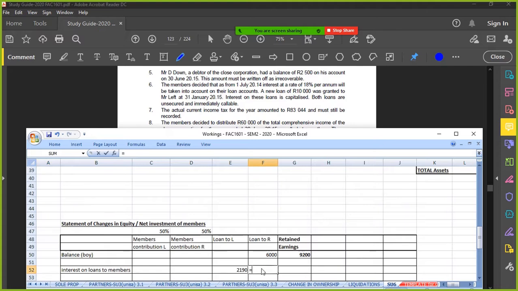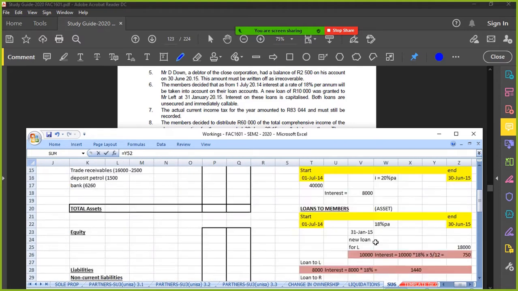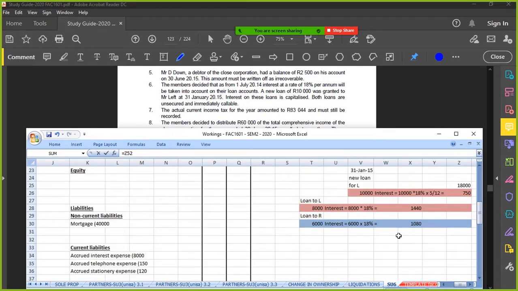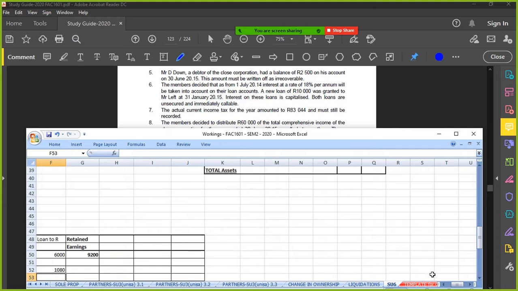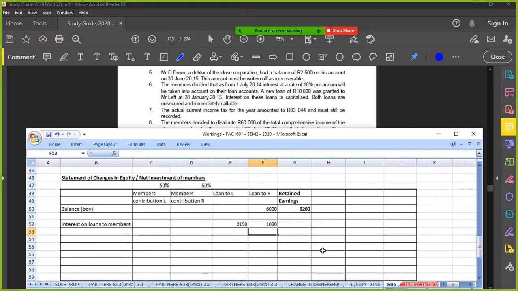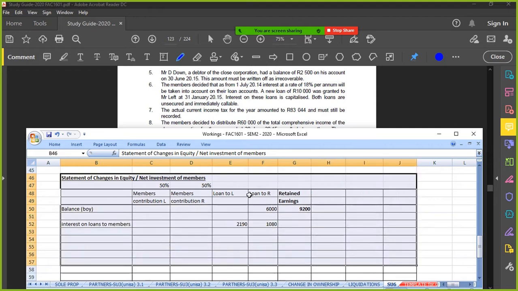Okay, the loan to R was 1080, there we go. Could you also put this under your statement of financial position? Well, if I was only asked to do the statement of financial position, then I would show it on the face. But because I've got this, I'm going to show it here and just reference the total.